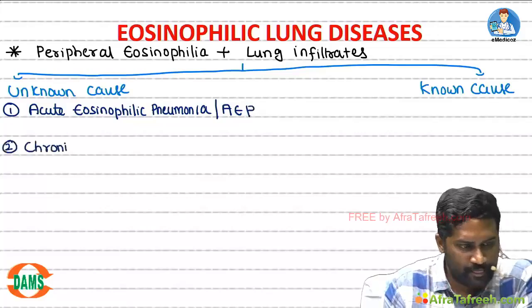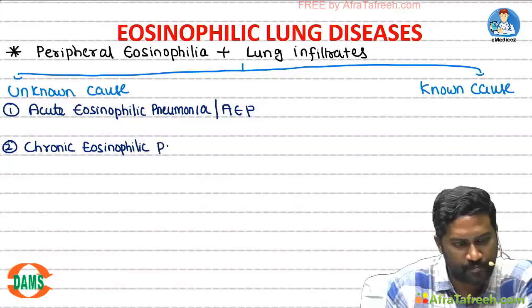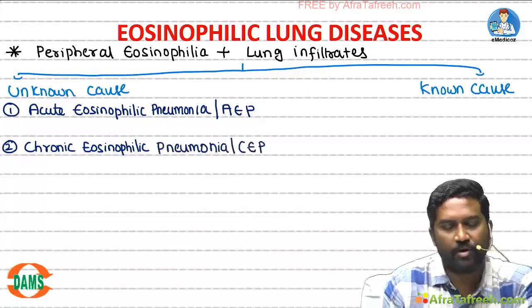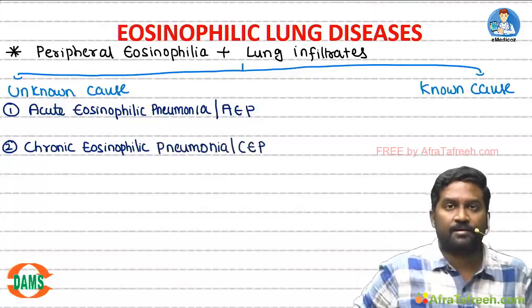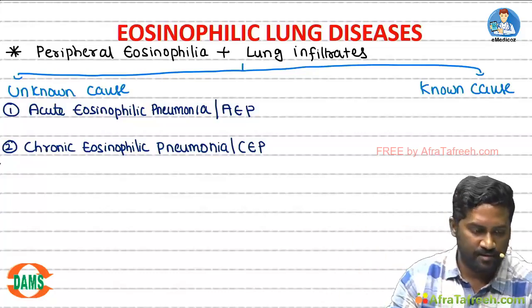Then there is chronic eosinophilic pneumonia, CEP. These two are very important. I will discuss with help of a table in the next slide.